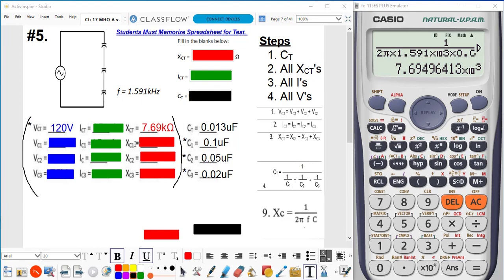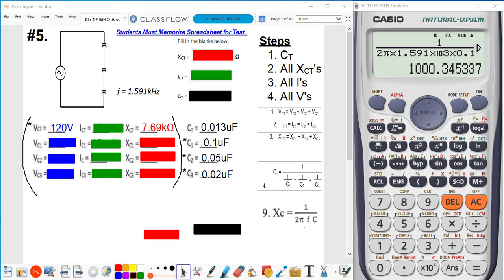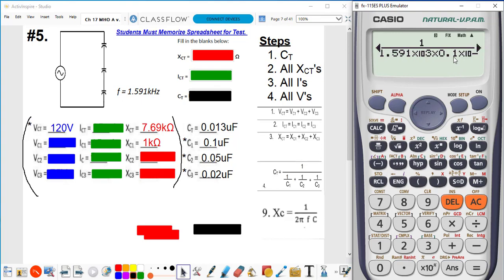All right, to find our XC1, all we have to do is scroll up and change our CT value to our C1 value. Hit engineering, and that shows us that that's 1K ohms. To find our XC2 value, we're going to change our value here of our capacitor that we got from the formula, so we know this is our capacitor value.